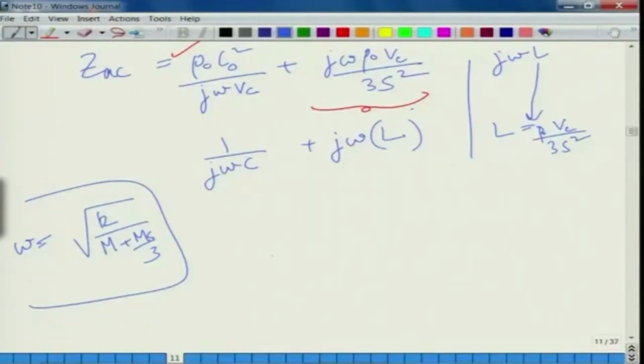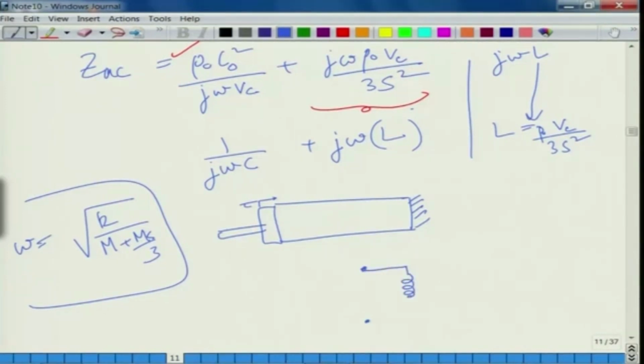So the electroacoustic circuit of the short end cavity, when you consider such a correction, is given by inertance L and your compliance C, which both act in series.